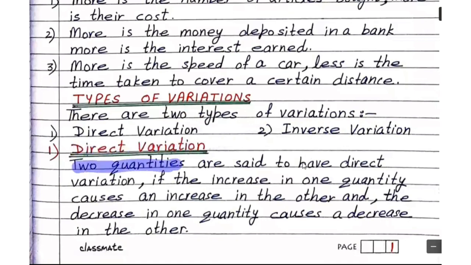Two quantities are said to have direct variation if the increase in one quantity causes an increase in the other quantity, and vice versa, the decrease in one quantity causes a decrease in the other, right? I hope you have understood this.